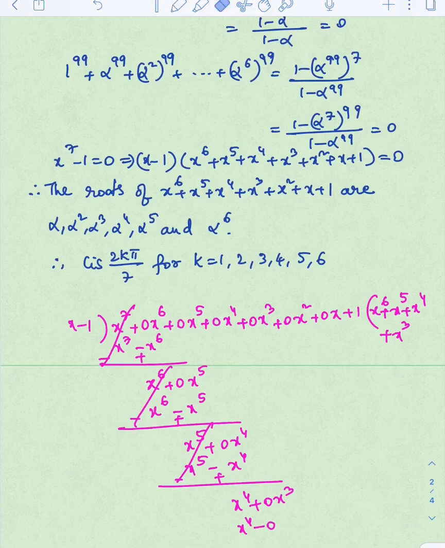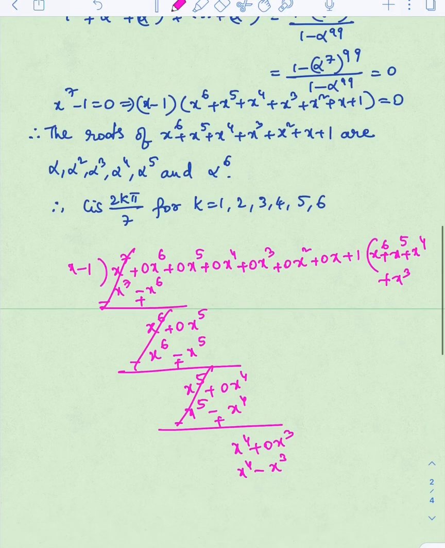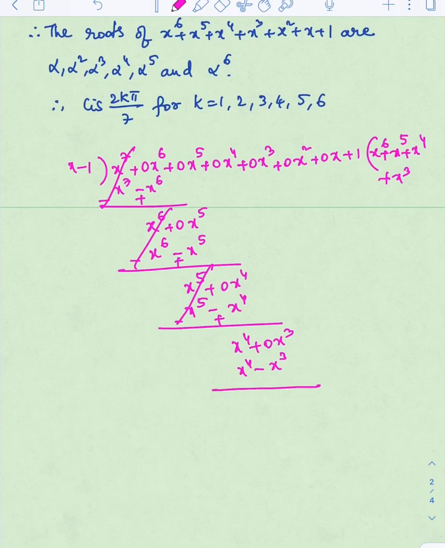And here x cube should come. Here x power 4 minus x cube, ones are x cube, minus x cube should come here, no? So we should not make mistakes and should change the symbols, and you get x cube here, 0 x square.